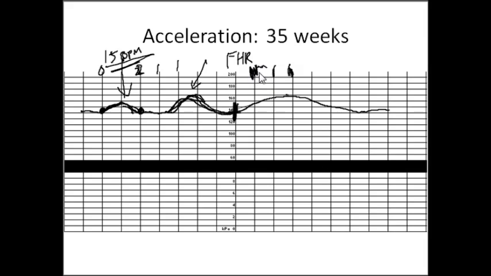However, for my time tracing, this is going to be more of a baseline variability because its acceleration is increasing by more than 10 or 15 beats per minute. However, it's not returning back to normal in 2 minutes, and also the longer period of time makes you think baseline variability.